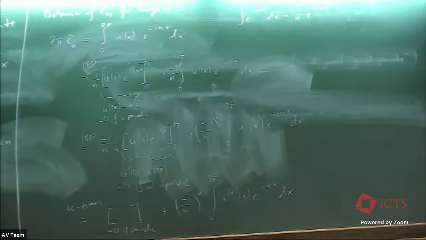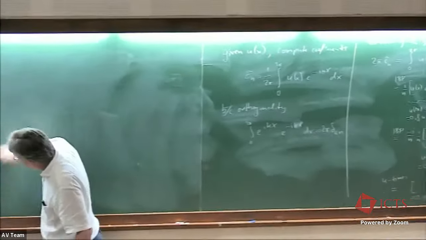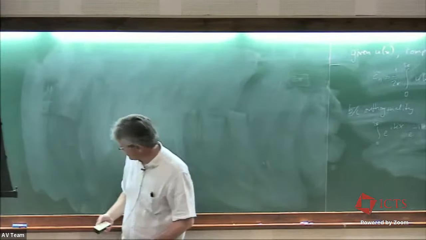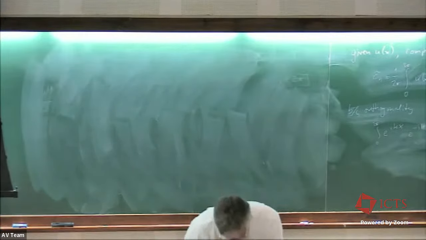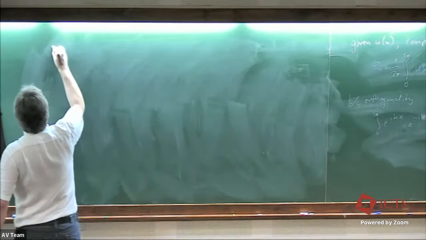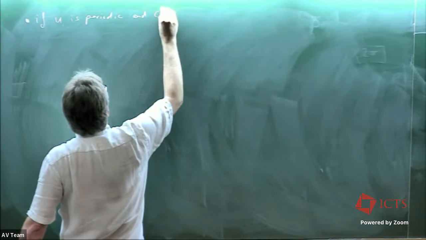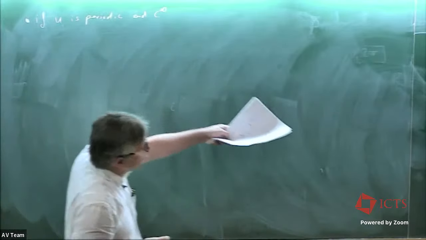And now let's consider what this tells us about the coefficients themselves. So if U is periodic and C infinity, then we can play this game arbitrarily often.